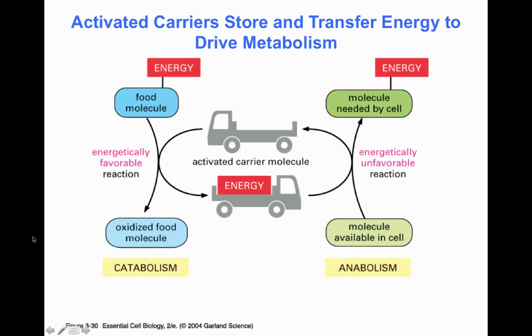So on the left, we have the catabolic reactions, which are the ones in which the energy will be harvested. And on the right, we have the anabolic reactions, in which the energy harvested from the molecules in the food is going to be used to make new molecules that require energy for building.